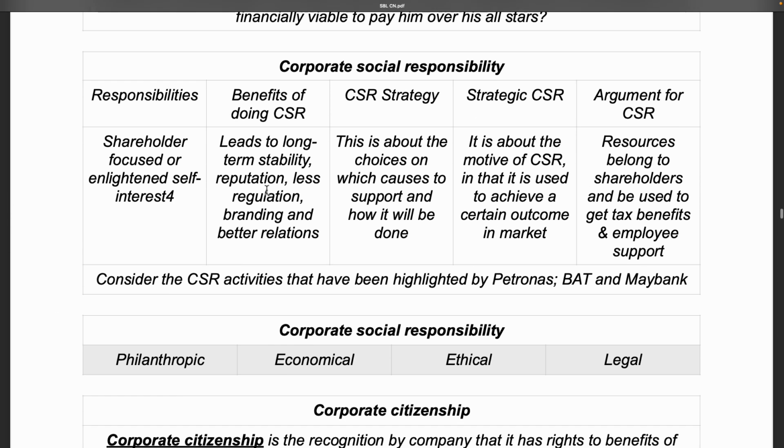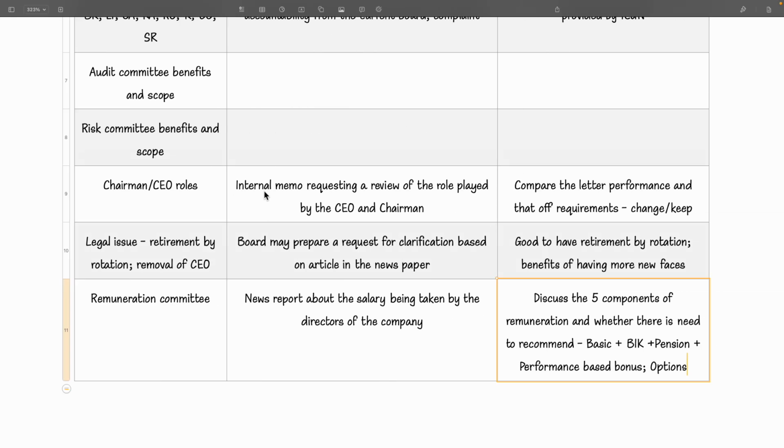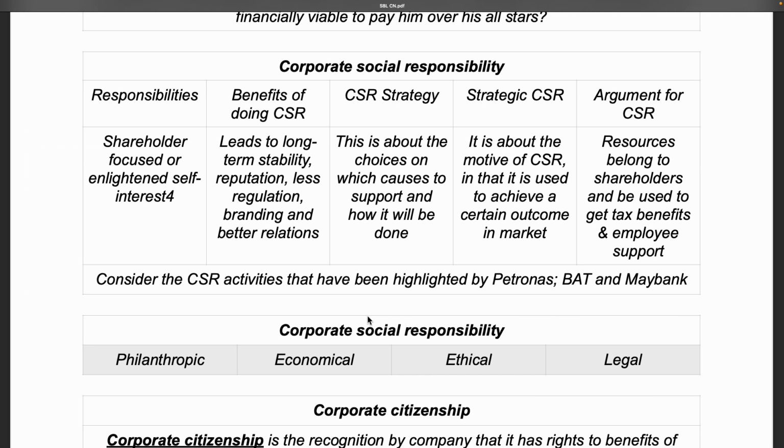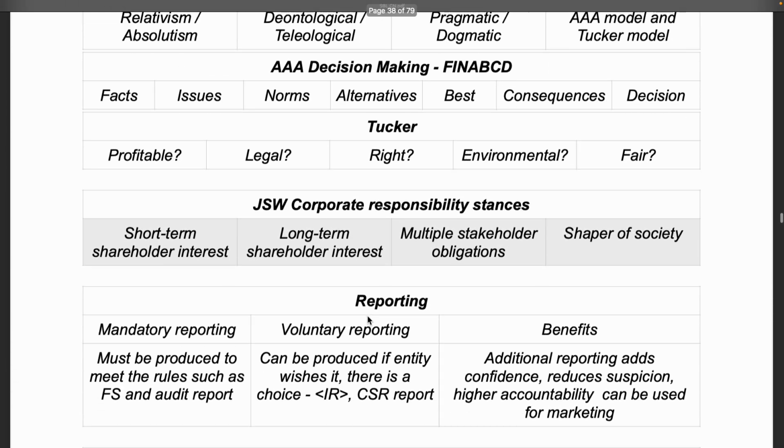Okay, moving on. We're coming to this concept called CSR. What you should know about CSR. Okay, CSR, you do need to know this idea.